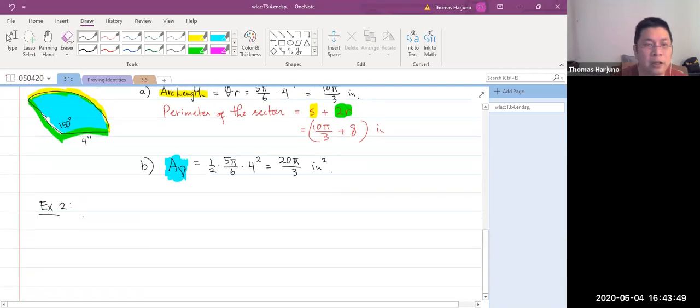Let's say the arc length is 10 feet, and the radius equals, let's make it 2 feet. And the question is, find the area of the sector.